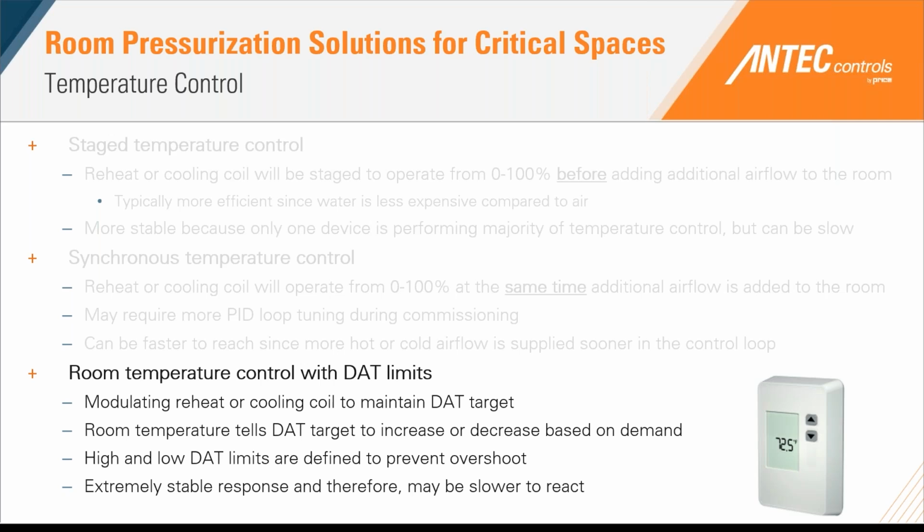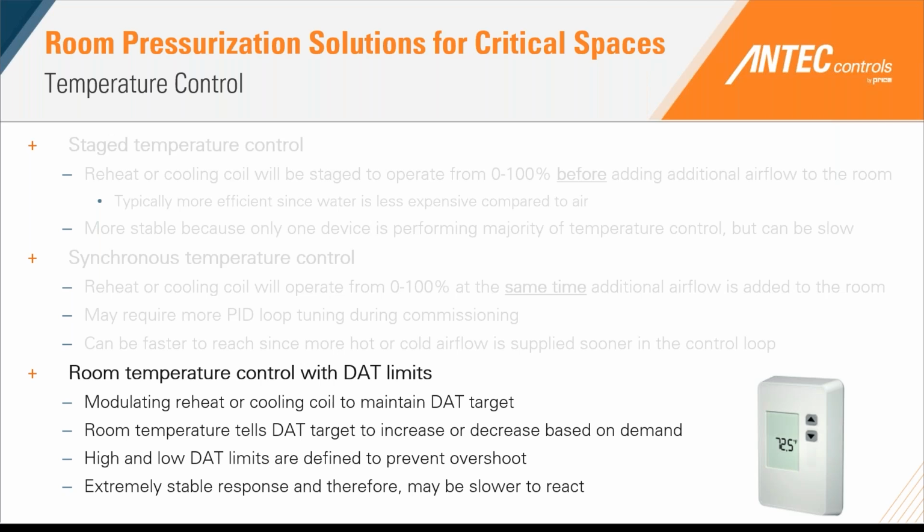The idea here is the room temperature will tell our discharge air temperature set point target to increase or decrease based off the demand. Because we're controlling the room temperature based off our supply discharge temperature, we can actually now set limits on how hot we want that supply air temperature to be, or how cold we want that supply temperature to be, in order to minimize some of that overshoot undershoot.